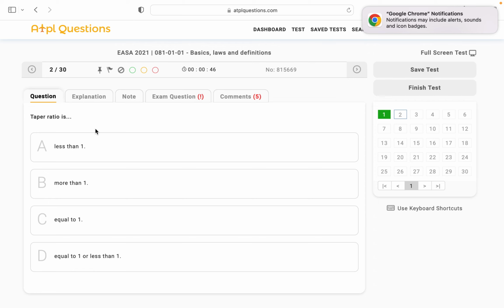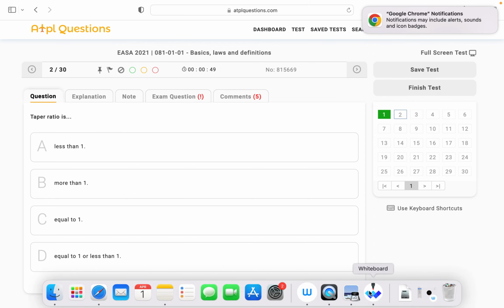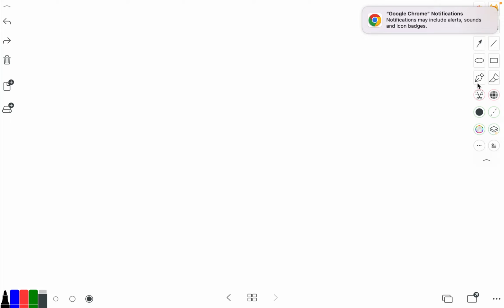What is the taper ratio? A good mnemonic to remember about taper ratio is tip to root chord. So, tip to root.